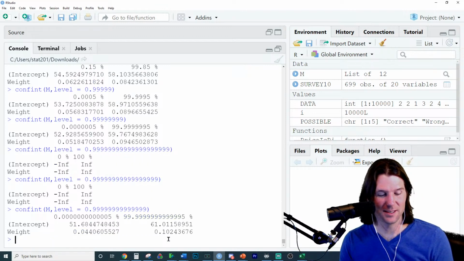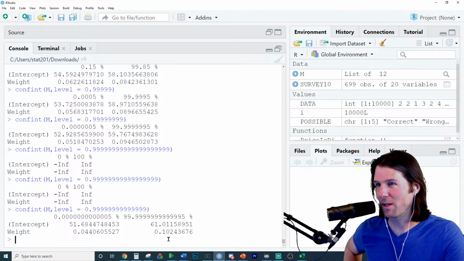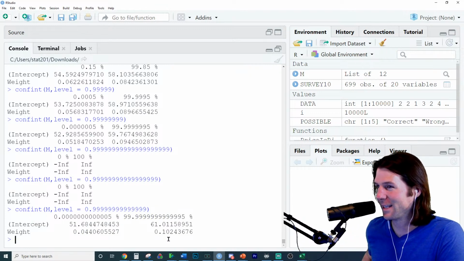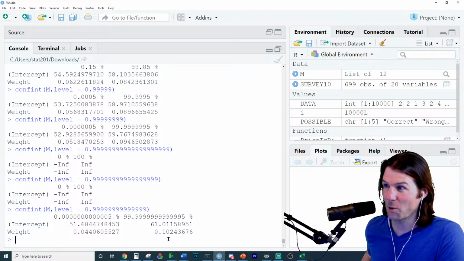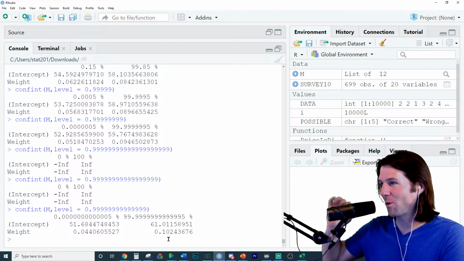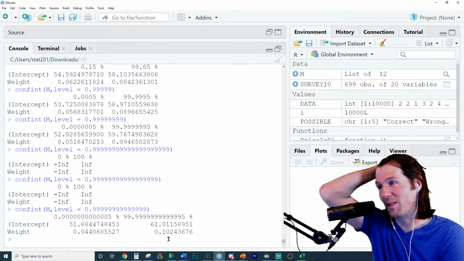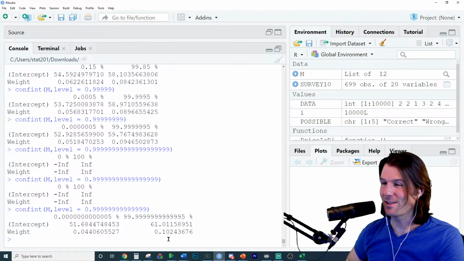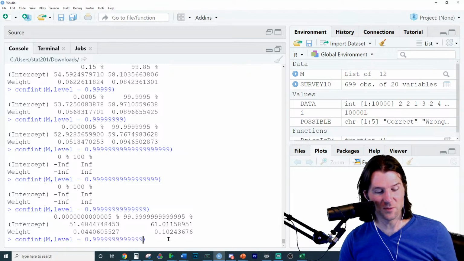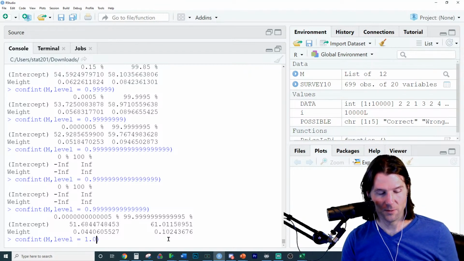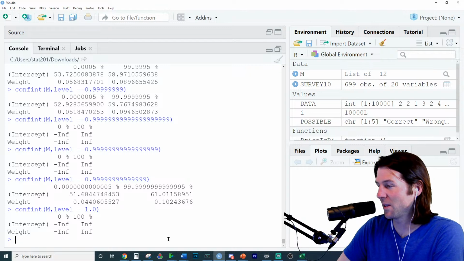It eventually broke it, and it said, okay, if you want 100% confidence, it would have to be between infinity and negative infinity. Which shows the concept that if you want to be 100% confident, you'd have to have all values. So that's ridiculous, so we just entered in a confidence of 1, basically. It rounded it on us. It rounded it up to 1. It's if you want 100% confidence.